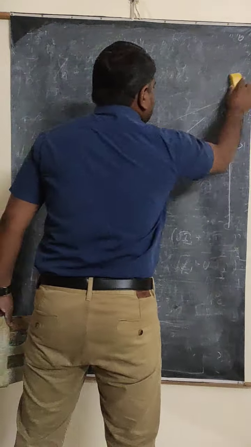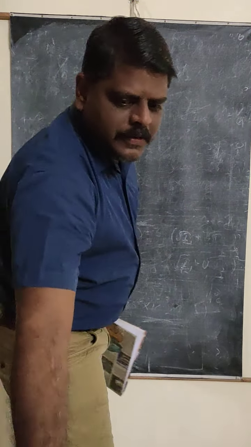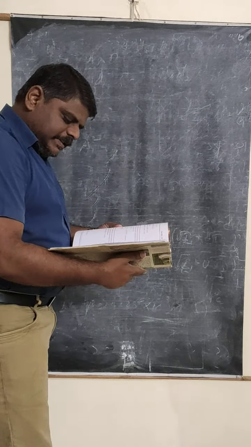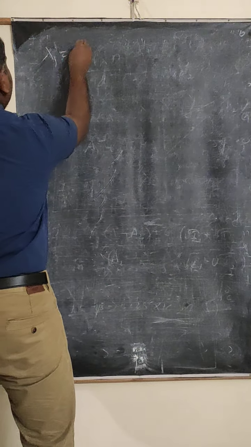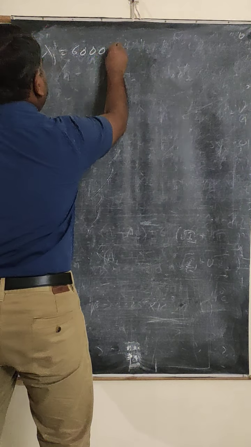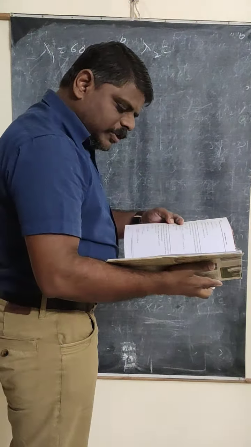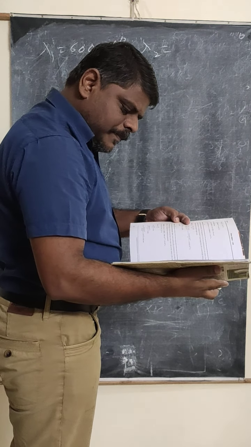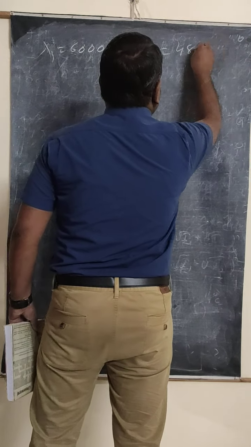Before that, write down the values given in the problem. The first wavelength is given: lambda 1 equals 6000 angstrom units, and lambda 2 equals 4800 angstrom units.